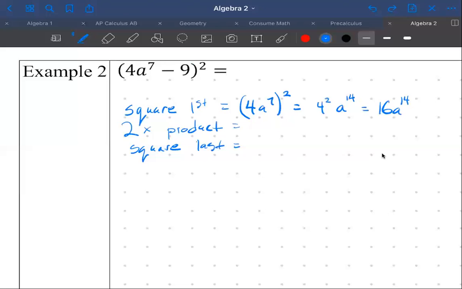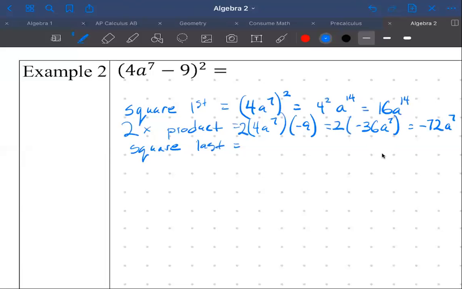The product would be -36a to the power of 7, and then you have to double it, which would be -72a to the power of 7. There it is. So doubling the product is -72a to the power of 7.